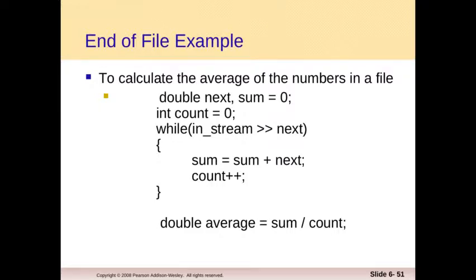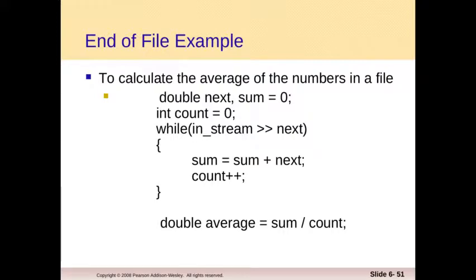Eventually, after looping through this many, many times, presumably if the file has many, many items of data in it, we reach the end of the file. What happens then? Well, there's nothing more to extract. So this expression here becomes false.